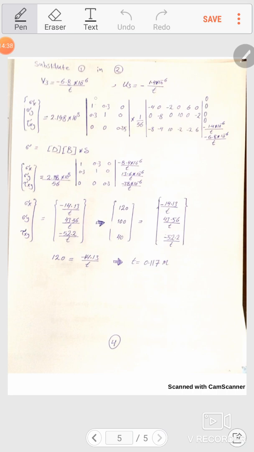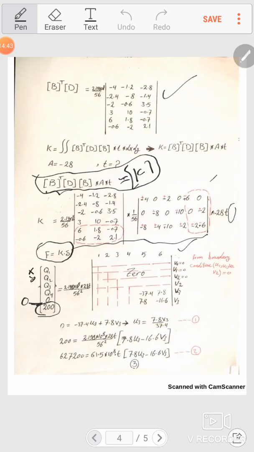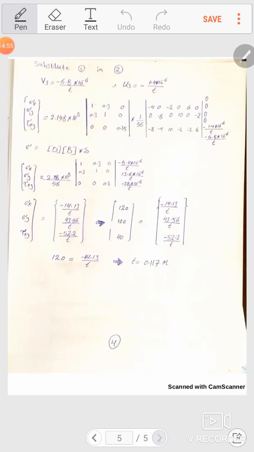We find it from equation number 1 and equation number 2. Actually I find V3 and U3, the displacements.